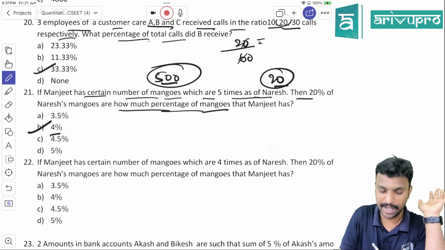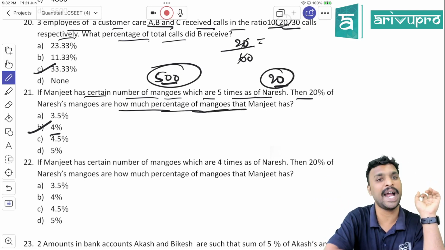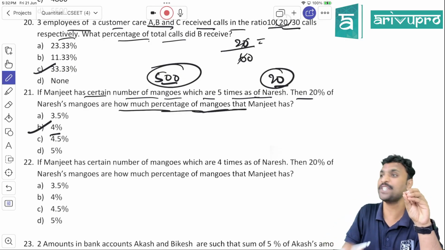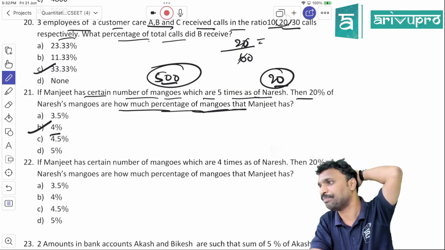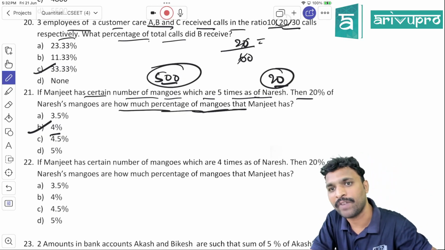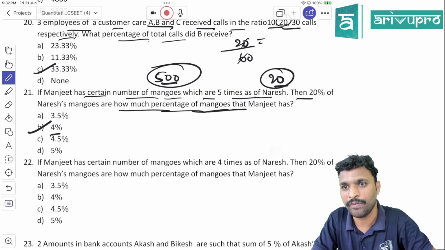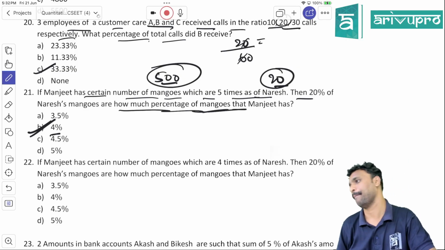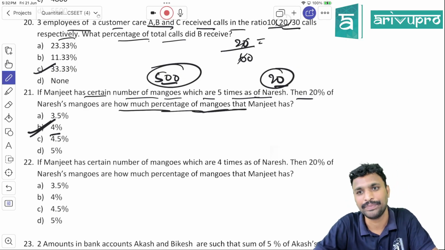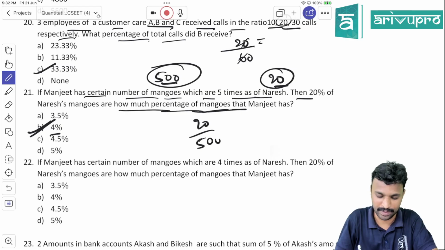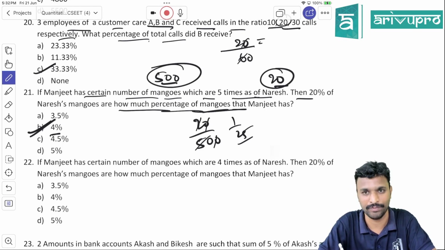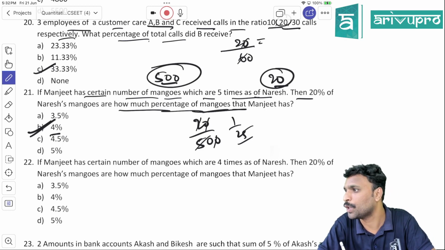So 20 is what percentage of what Manjit has, 500? 1% of 500 is 5. 4% is the 20. So the answer is option B. Or 20 by 500: one zero cancels, 2 by 50 means 1 by 25, 100 by 25 is 4. 4%.